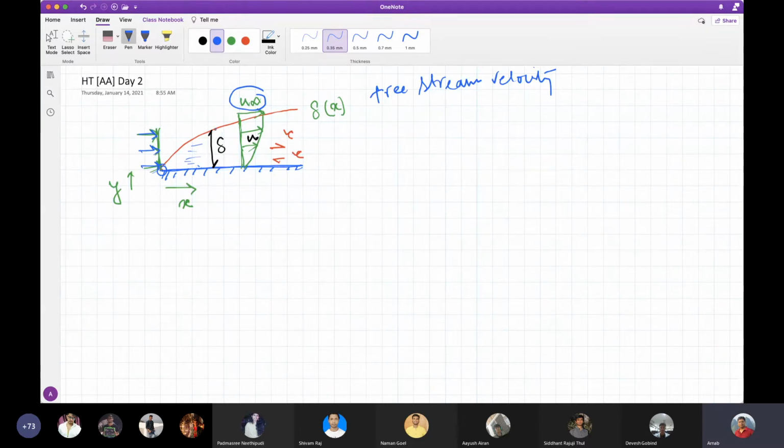Fine. So this height, this delta or the thickness, we know that is called the boundary layer thickness. Typically we define this thickness as the distance y where u is equal to 0.99 u infinity.